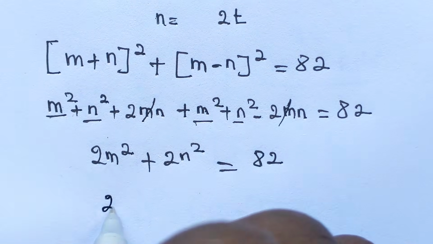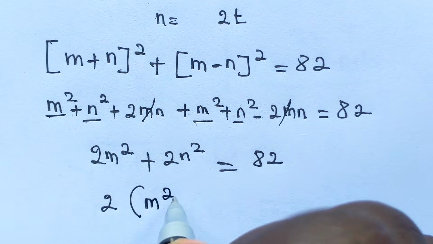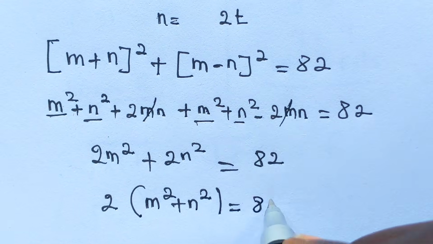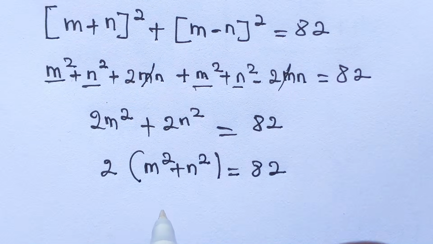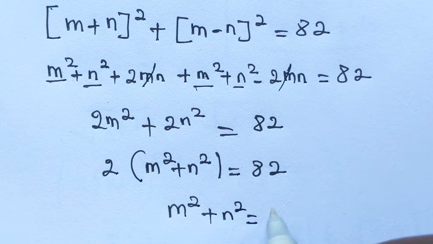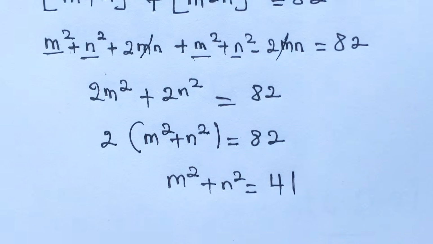By factorizing 2, m squared plus n squared will be 41.